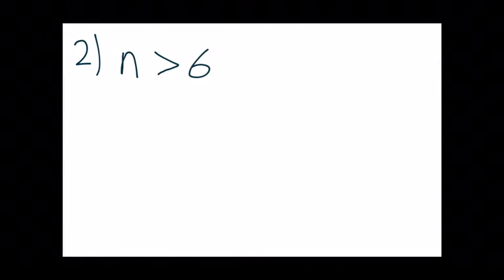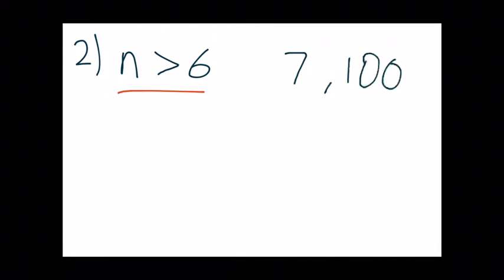Alright, now we have a new inequality here. n is larger than 6. And if I were to tell you to give me an example of what n could be, most likely you would give a number like 7, 100, or whatever. However, there is also an answer that people often give that is actually a mistake, which is the number 6.